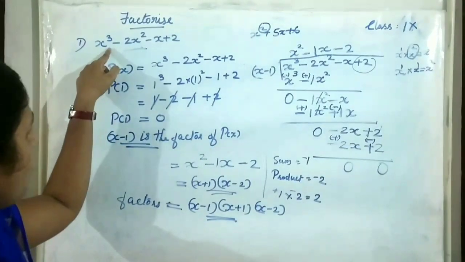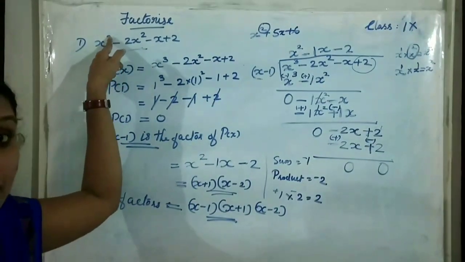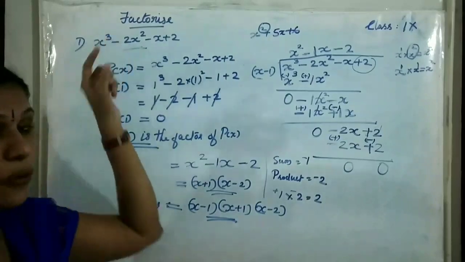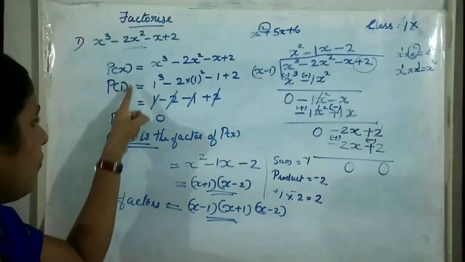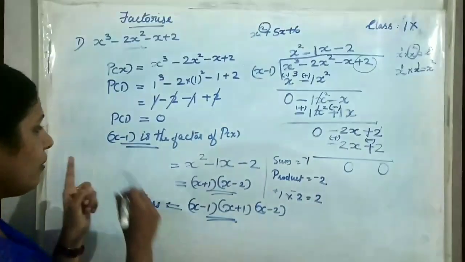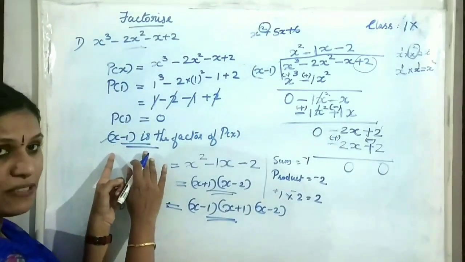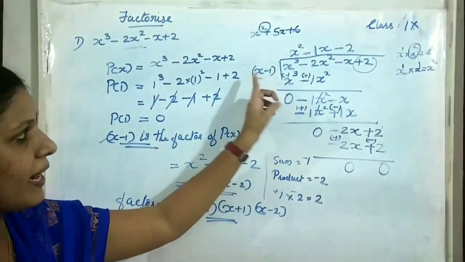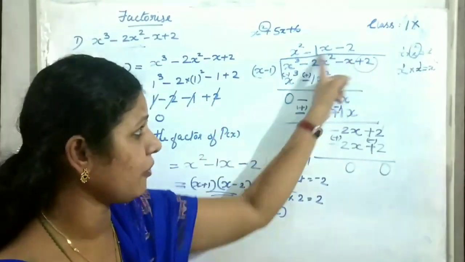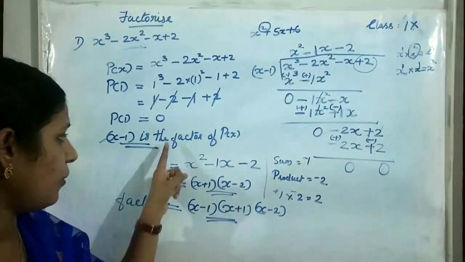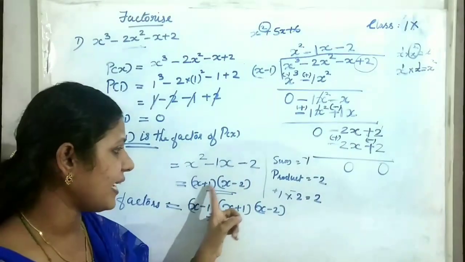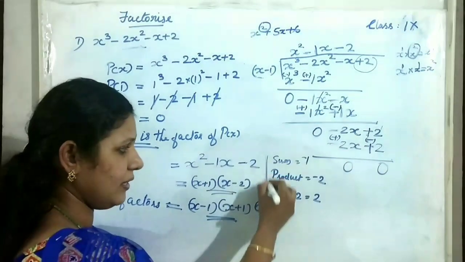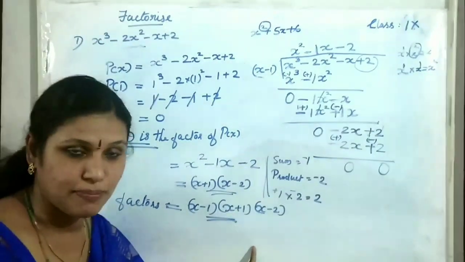In this question, it has degree 3. So it has 3 factors. First factor we find by using factor theorem. We find the first factor as x minus 1. Then we divide by this factor. We get the quotient as this. So we write the quotient here. And we factorize this by using x plus a into x plus b.